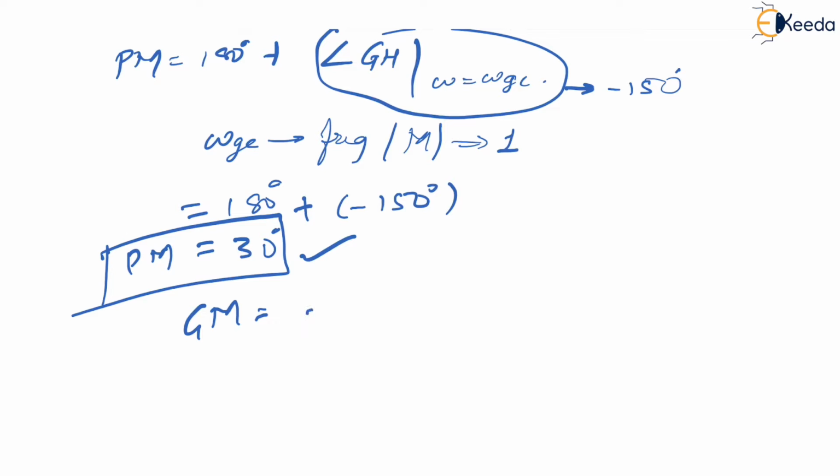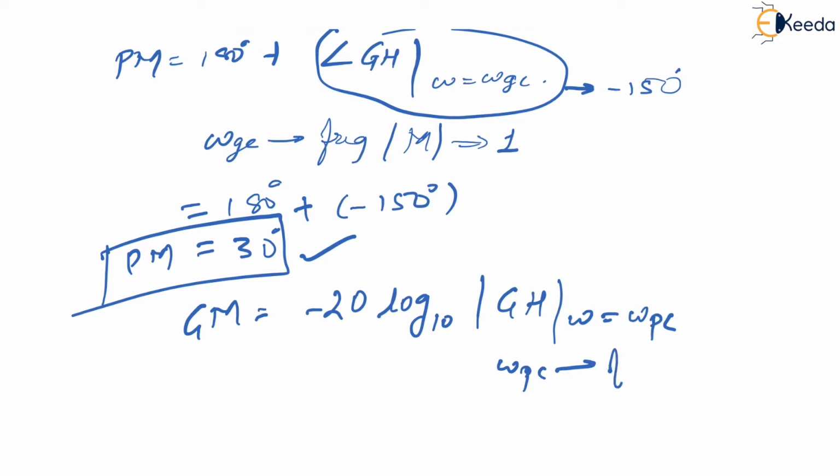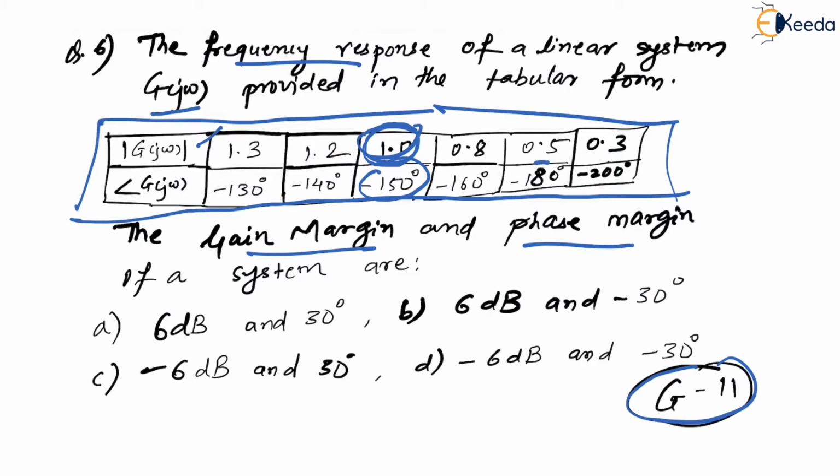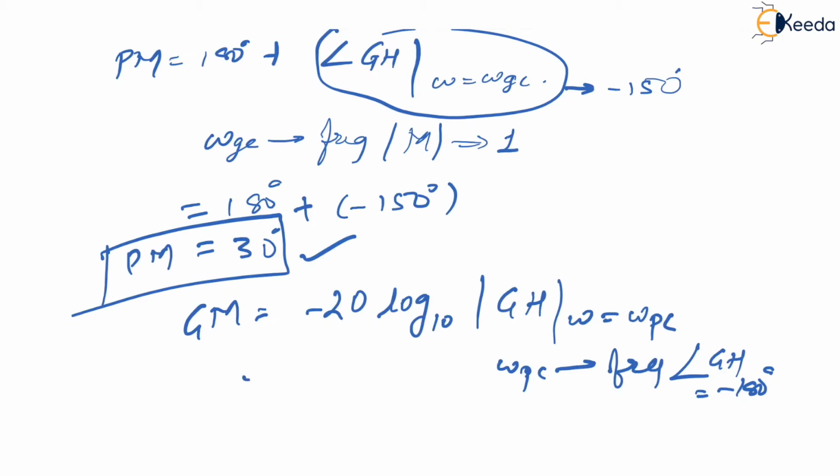Now, what is the gain margin formula? Gain margin is minus 20 log to the base 10 of the magnitude of GH at omega equal to omega PC. What is omega PC first? Omega PC is the frequency at which the angle of GH is equal to minus 180 degrees, correct? At that point, the magnitude is 0.5.